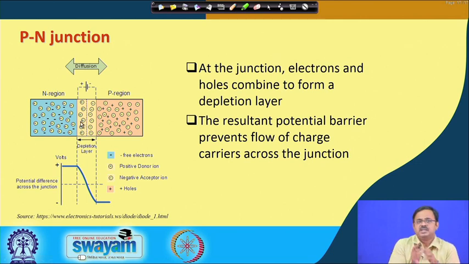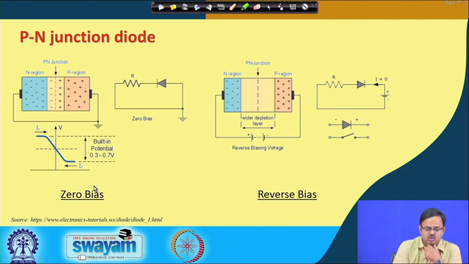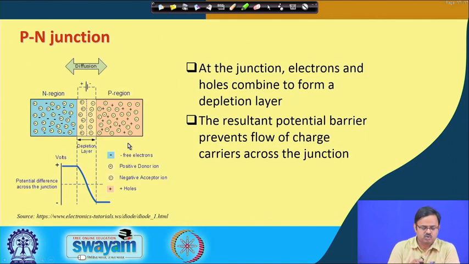But because of this depletion layer in the middle, it forms a barrier, and the electrons from this side cannot jump to the holes on the other side, because to do so, they have to go through what is known as the potential barrier, which is a potential difference across the junction caused by the depletion layer.